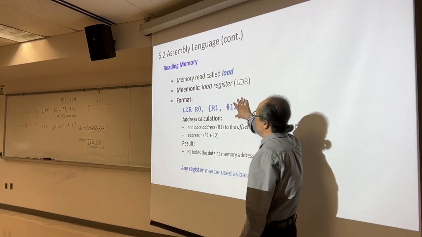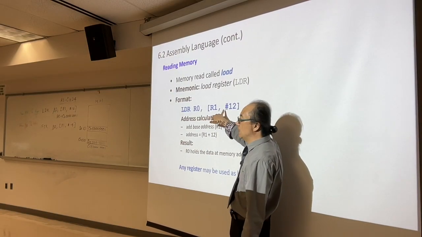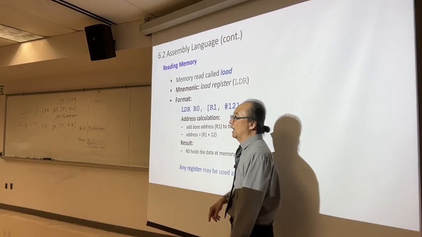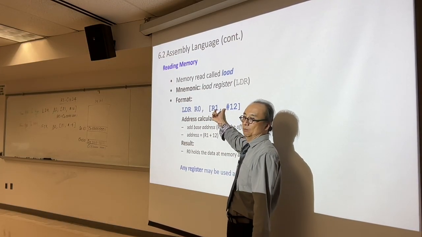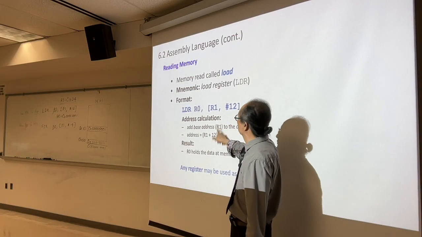So for LDR, we need to identify the location of the memory so that we can read and store into R0. How do you find the address of main memory? Contents of R1 plus 12, this offset.